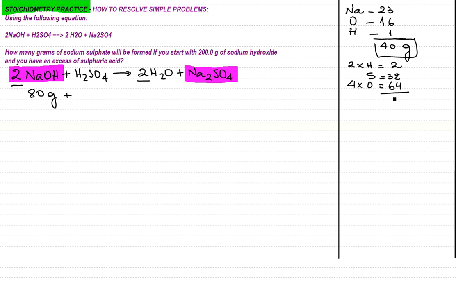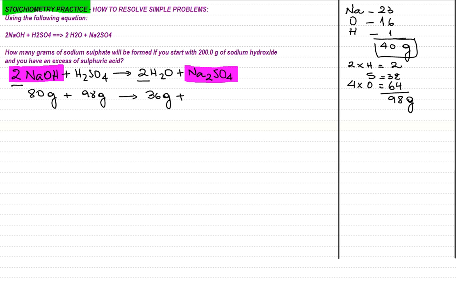In total we have 98, which means that 98 grams is 1 mole of sulfuric acid. So I put here 98 grams of sulfuric acid. This one is going to give me 2 moles of water. Each mole of water is 16 plus 2, which is 18, times 2 is 36. So 36 grams is the 2 moles of water.